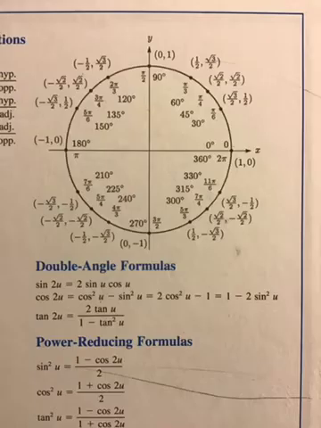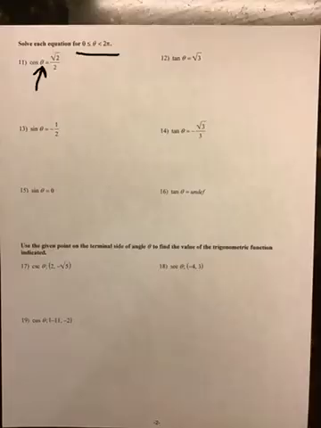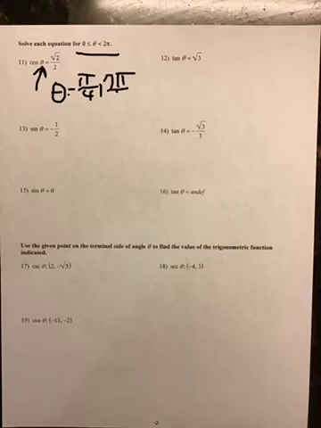When I look at my unit circle, I see an x value radical 2 over 2 here. Remember ASTC, I'm going to look in the 4th quadrant because that's where the cosine is positive again. So right there. My answers to this question are pi over 4 and 7 pi over 4. So theta must be pi over 4 and 7 pi over 4.